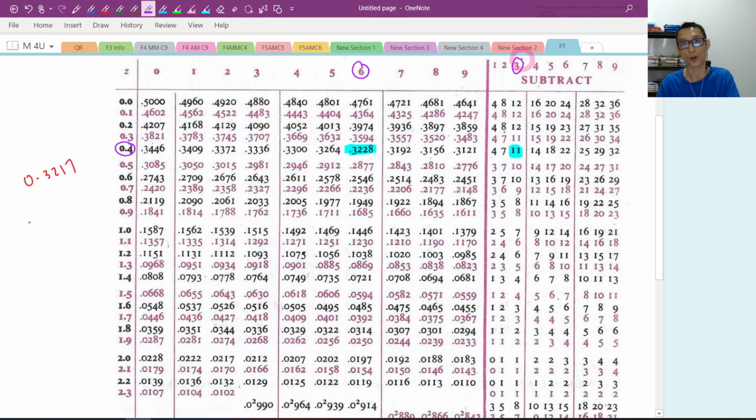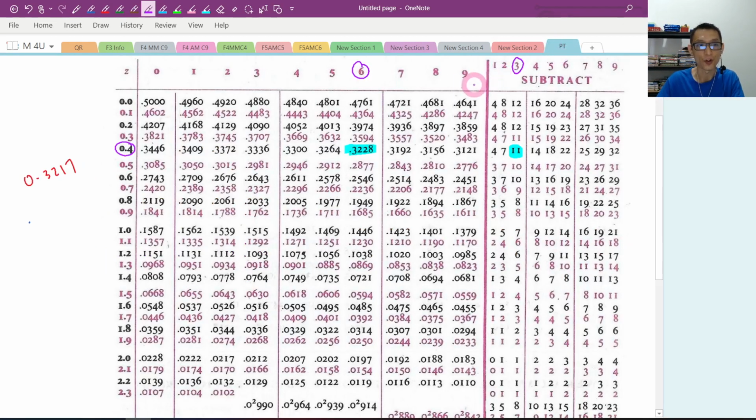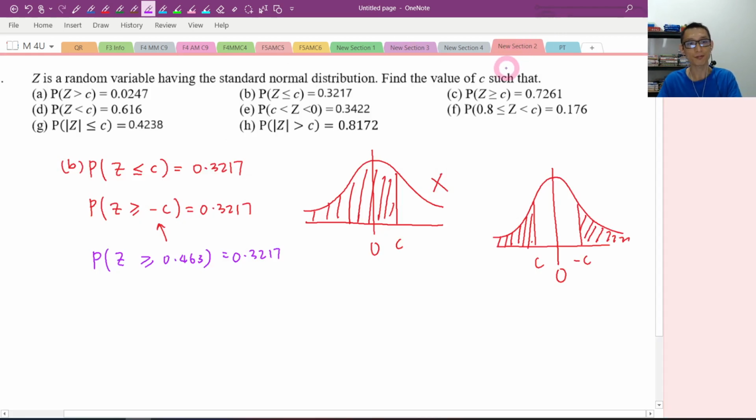0.463, but this is not our final answer. Okay, be careful. 0.463. So I am going to write that the probability for z greater than or equal to 0.463 is equal to 0.3217, right?